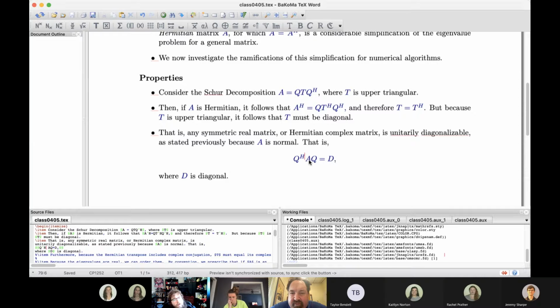So A is diagonalizable. Q is a unitary matrix, so we'd say it's unitarily diagonalizable. We'd already seen this in the case where the matrix A is a normal matrix, and being symmetric or Hermitian is a special case of that.